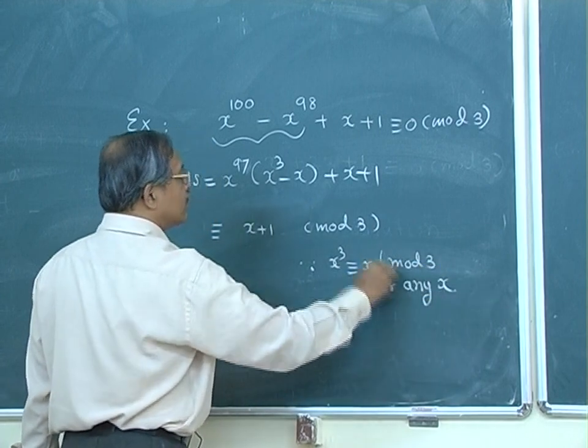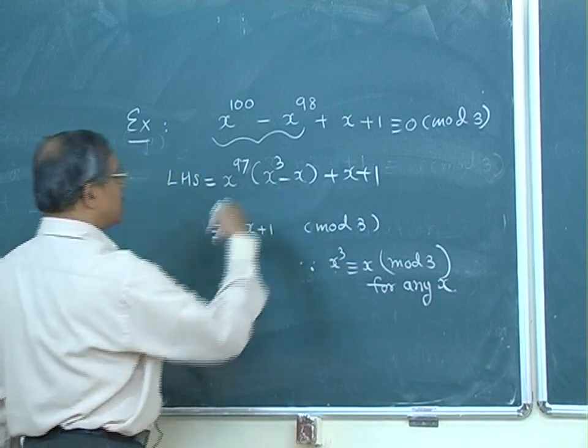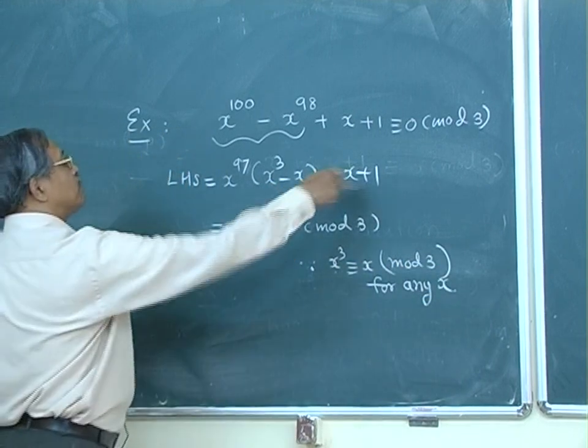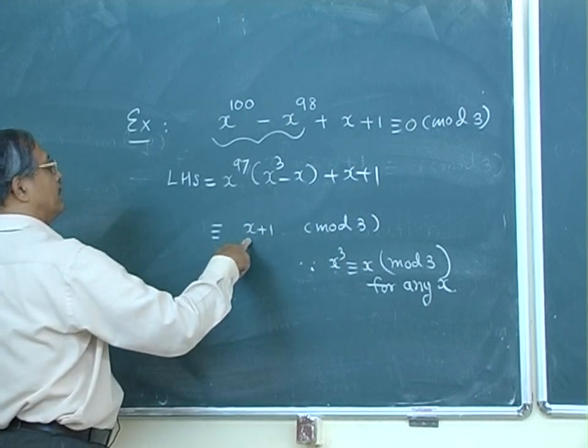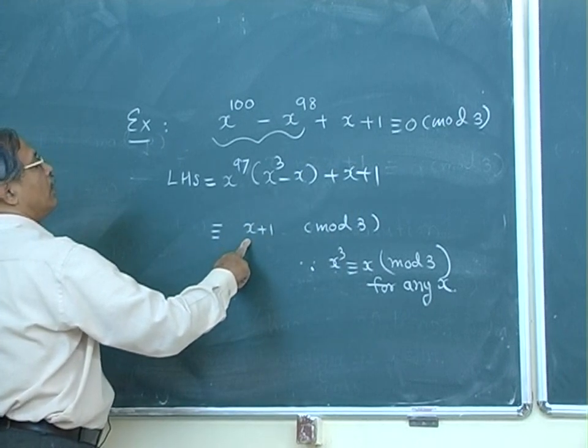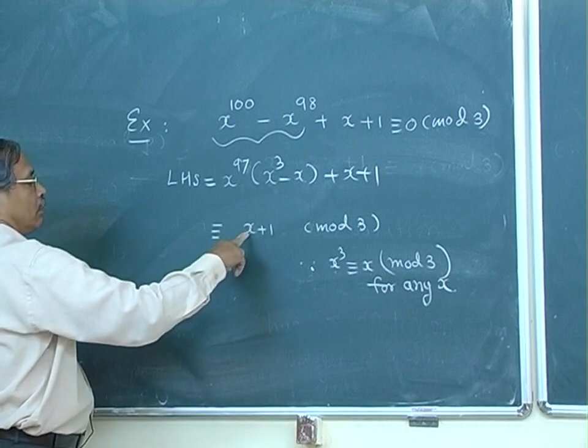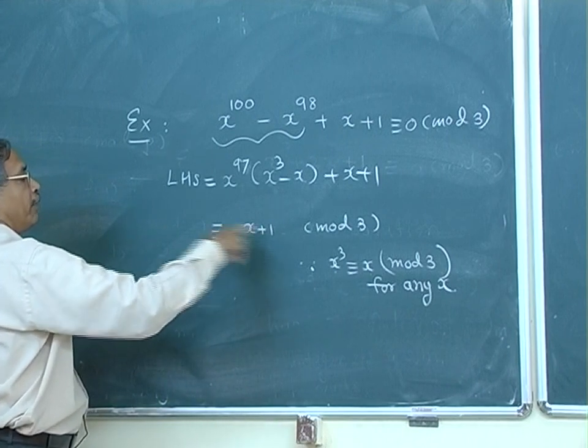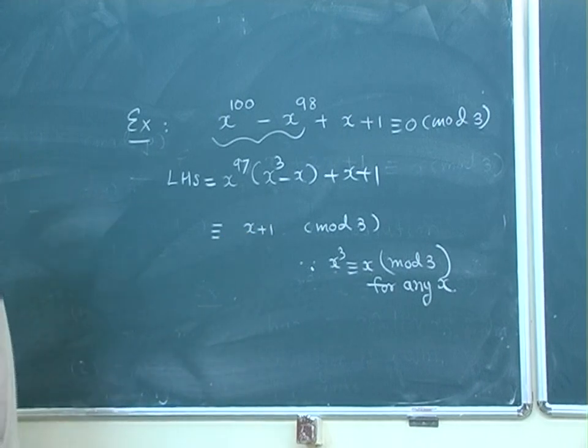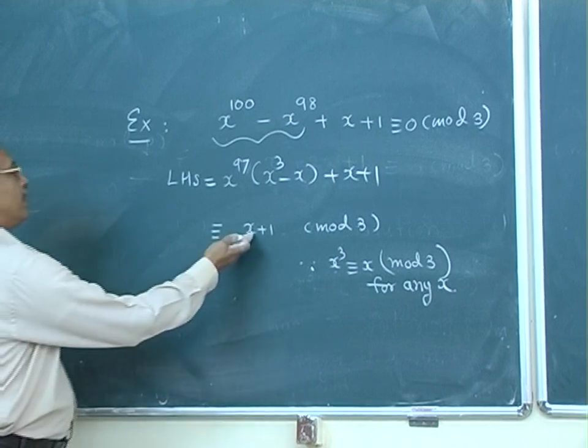For any integer x, we have this thing. This difference is 0 mod 3, so this is x plus 1. And then, what is the solution of x plus 1 congruent to 0 mod 3? We can take x equal to 2.